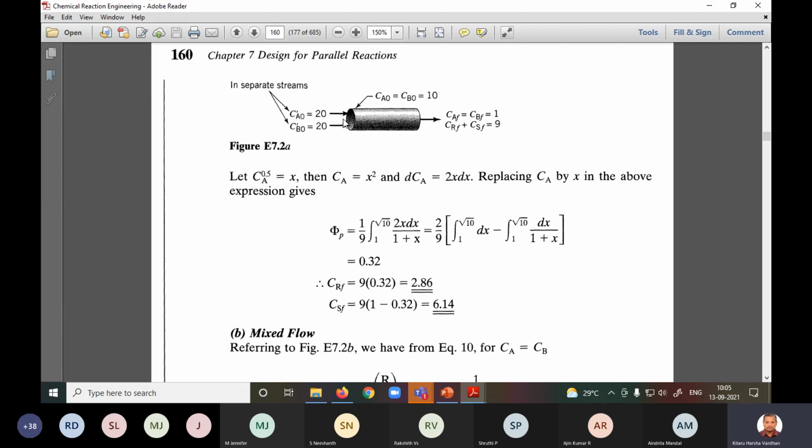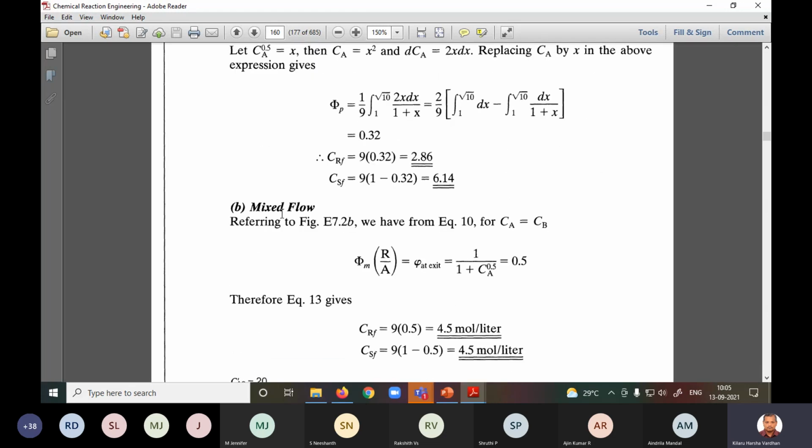So in 2 liters, your concentration will be half of it. Remember it? That is why you are getting this half. So CAF and CBF is 1, because 90% conversion is required. So CRF plus CSF becomes 9. Remember it? Because this is 1, this becomes 9. The total becomes 9. That is why you are putting that.